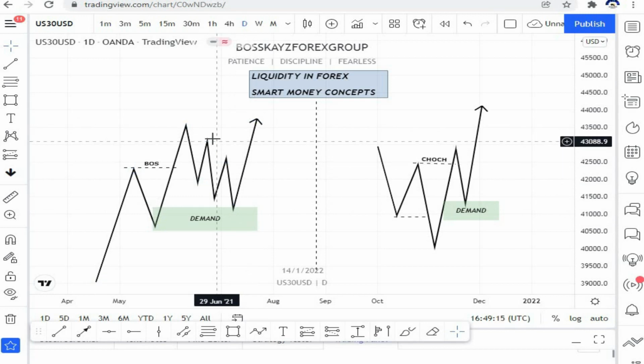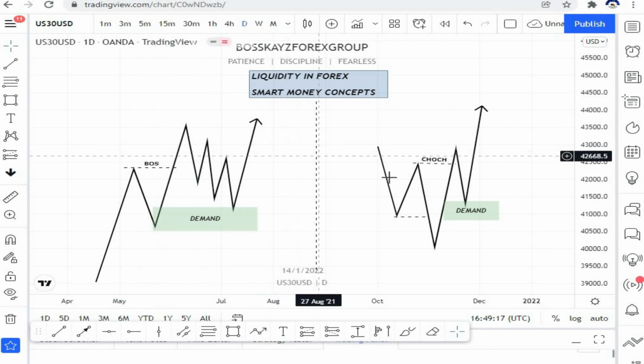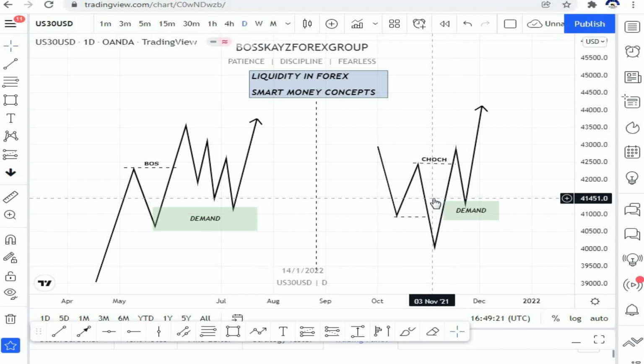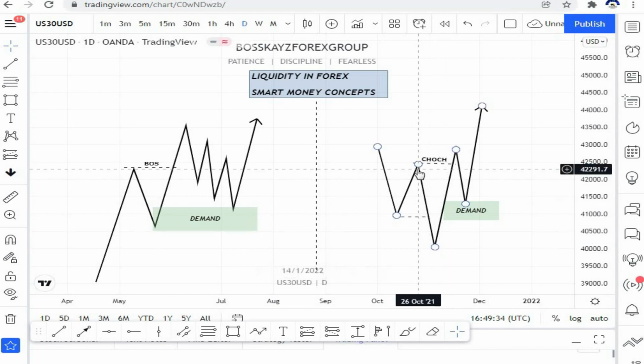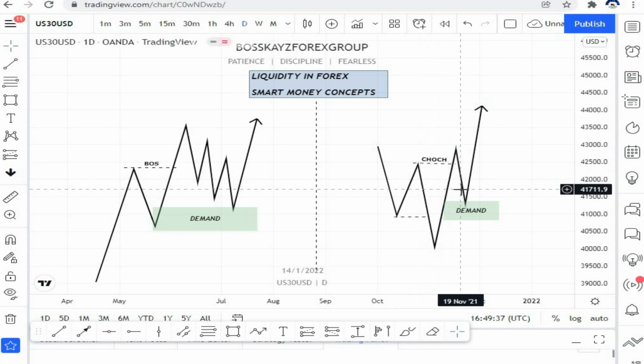And then a change of character is whereby the price sweeps the liquidity both ways, breaking the structure, either the lower low or the lower high, and then they come back to the last demand zone or supply zone which was responsible for breaking that structure.